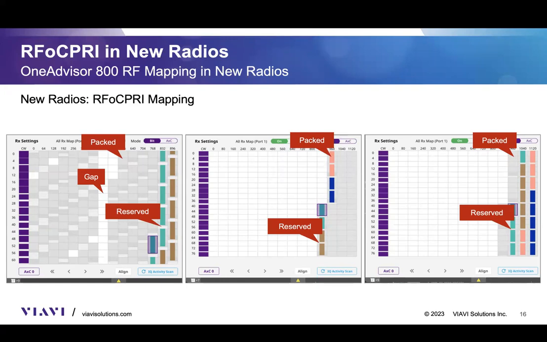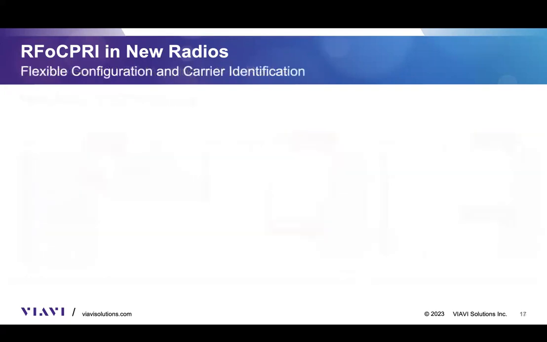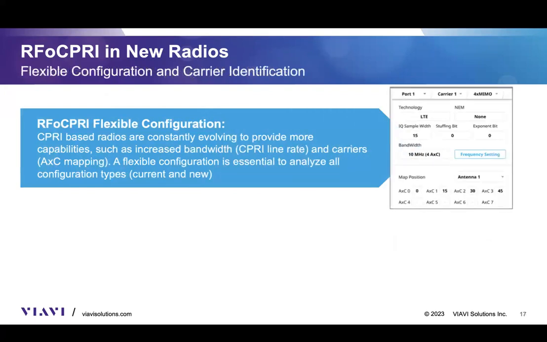So again, there are just too many variables, and to properly address all those variables, we have implemented the ability to basically address all those different options or variants that the CPRI standard defines.